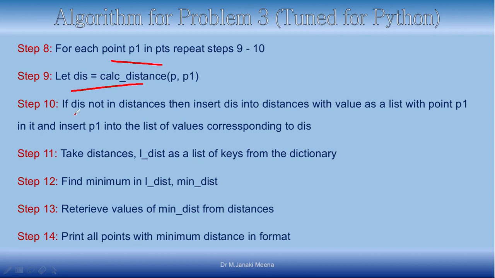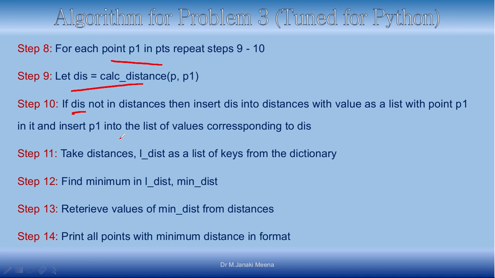The name of the dictionary is distances. If this is not in the distances, then you are going to insert this into distances, as I told, with value as list. So when we implement, it will be more clear. And if the distance is already present in the distances, then you will get the value. That value will be a list and you will append into it. That's what we will do.